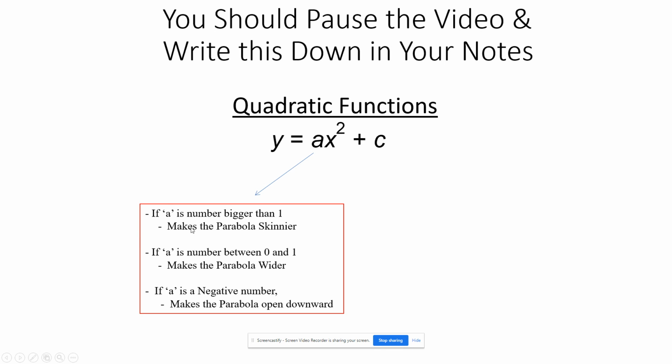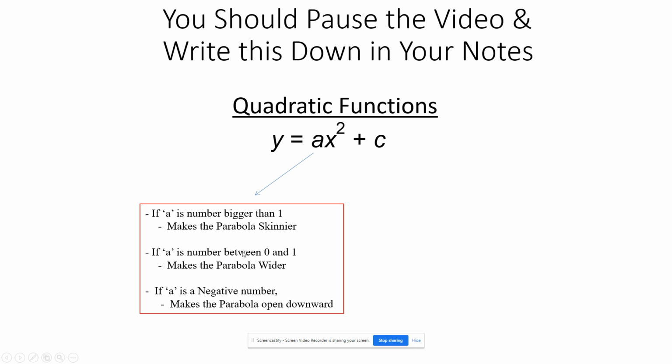If a is a number between 0 and 1, it makes the parabola wider. And finally, if a is a negative number, it makes the parabola open downward. That's all of the effects of the a term: if the number is bigger than 1, if it's between 0 and 1, if it's a negative number.